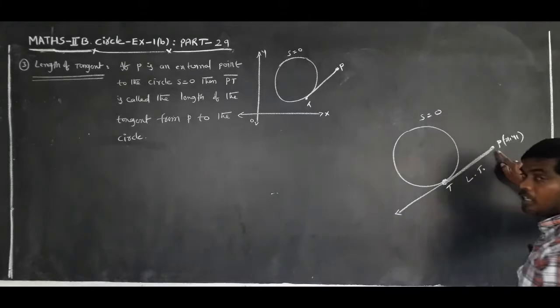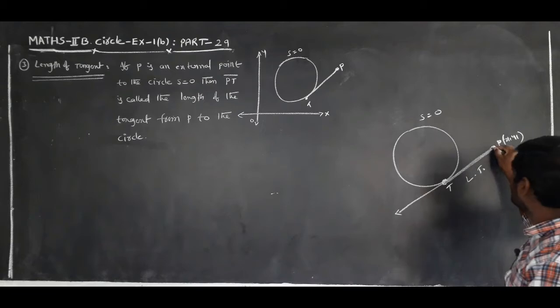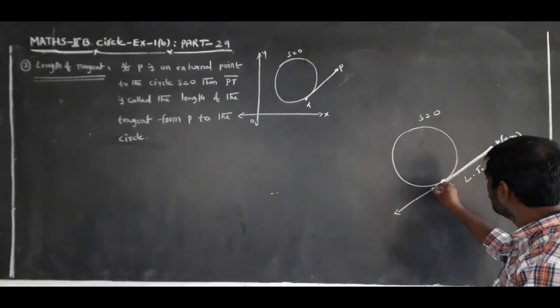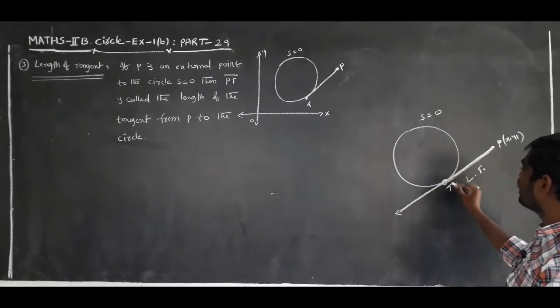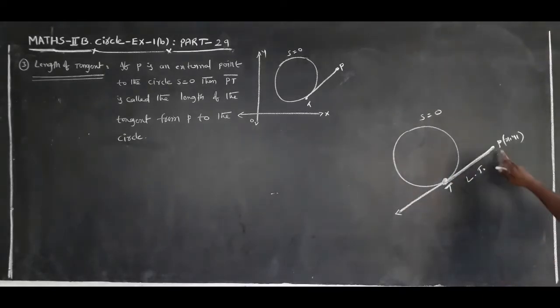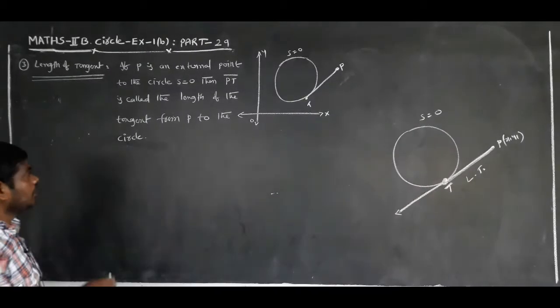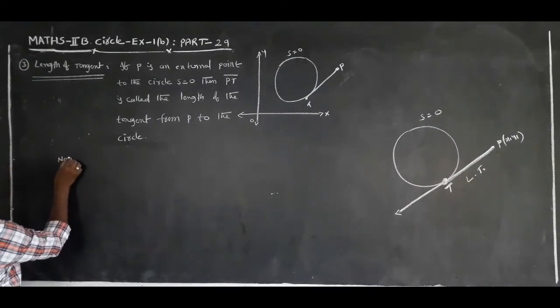A line drawn from P touches the circle at T, and the length PT is called the length of the tangent.